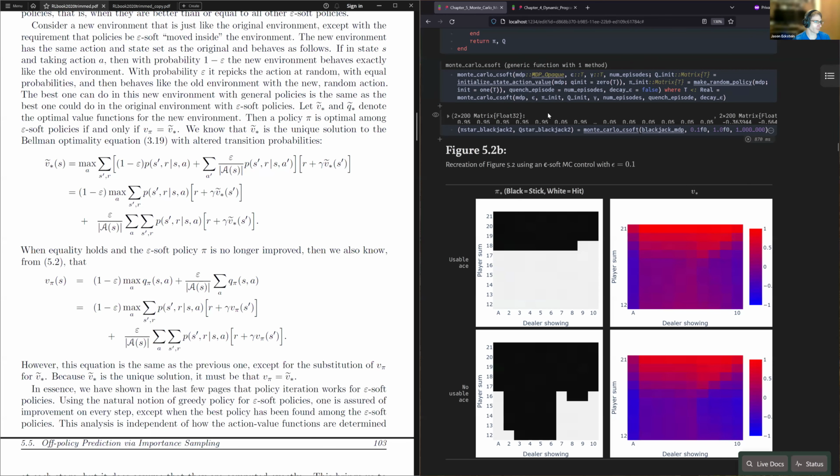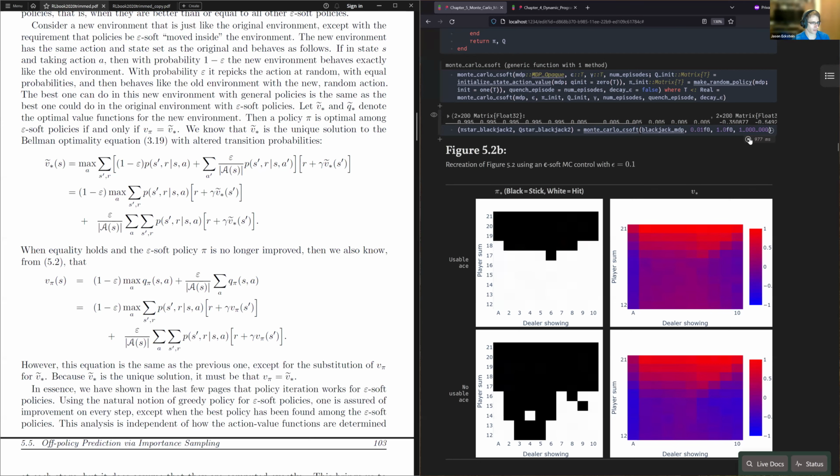You still have the same issue where this is running for like 1 million episodes. If I change this epsilon to 0.01, then it'll have worse results because this epsilon, at least for 1 million episodes, is probably just too small to accurately sample everything.